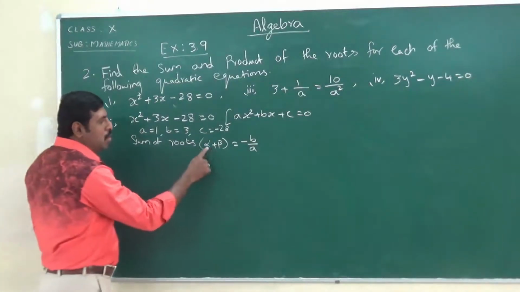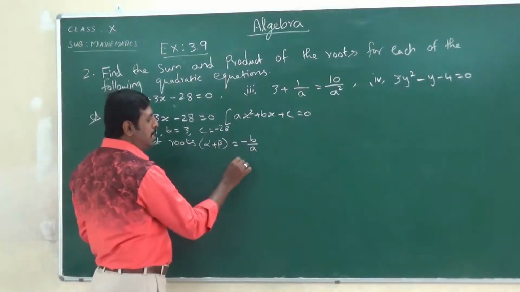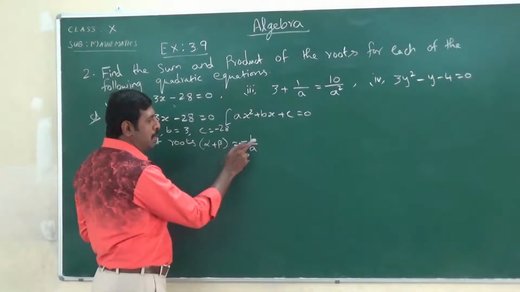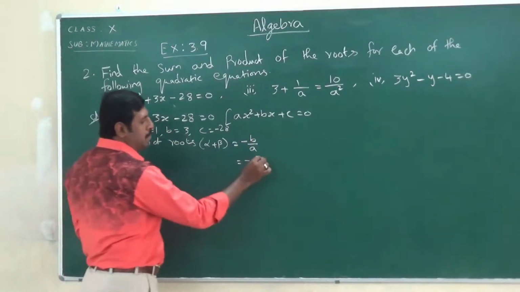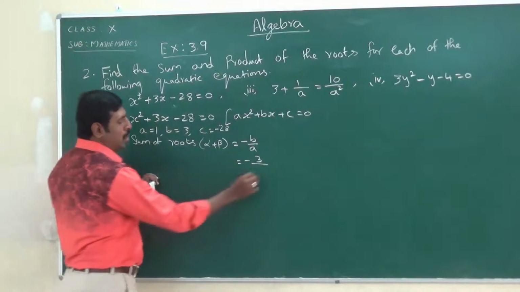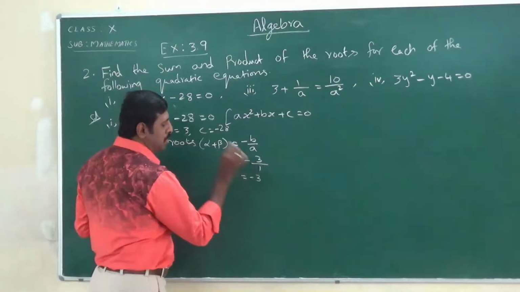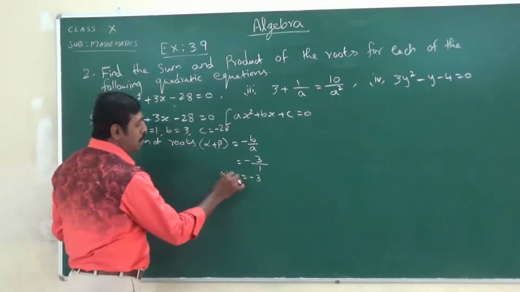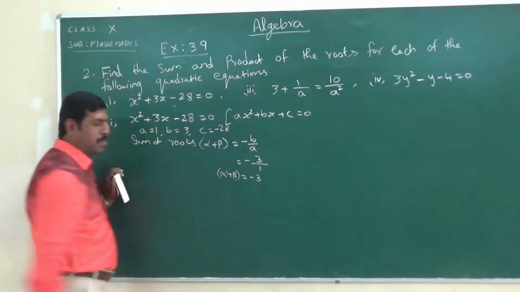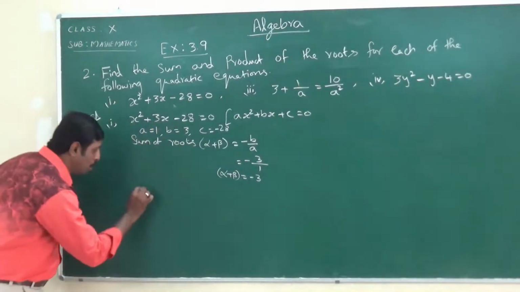So the sum of the roots, alpha plus beta, is equal to minus b by a, which is minus 3 divided by 1, equal to minus 3. Next we want to find out the product of the roots.